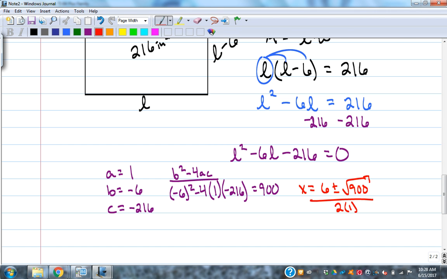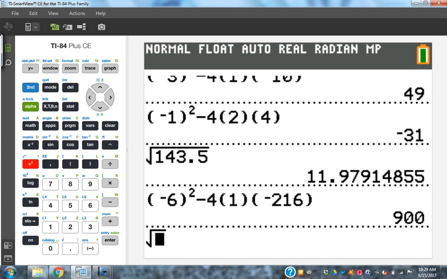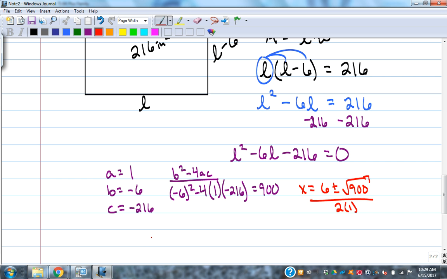Square root of 900. That's a big number. Usually when it's a bigger number like that, I'm going to try and see if 900 has a square root. I think it does. I'm lucky, it's 30. Okay, it worked out to be that. If it didn't, that's okay. You can do the factor tree and break it down.